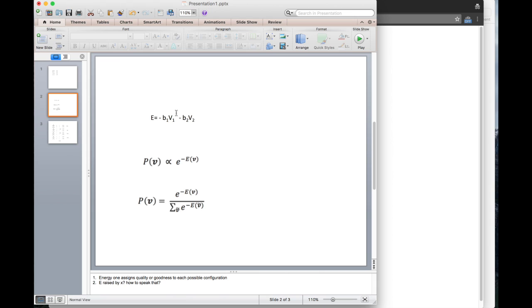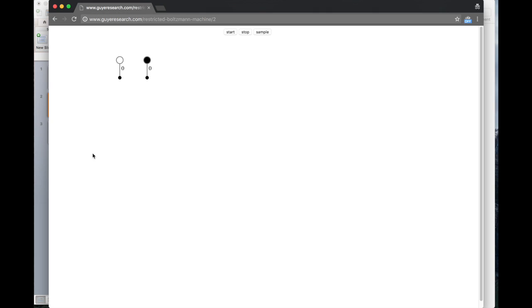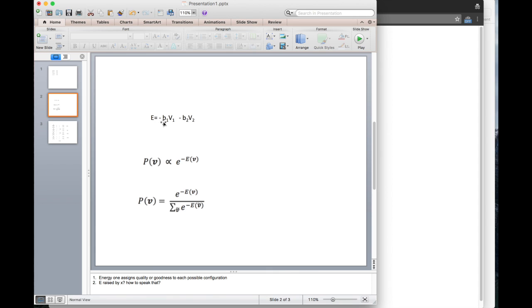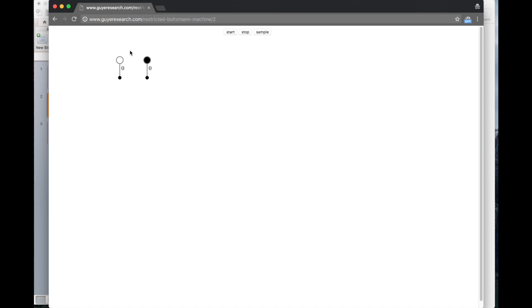The energy function of this simple system will be minus the weight of the edge between the bias neuron and the first stochastic unit multiplied by the value of the first neuron, and minus the weight of the edge between the bias neuron and the second neuron multiplied by the value of the second neuron. This is the energy of the state. This is the function with which you can calculate the energies of the different configurations of the system.